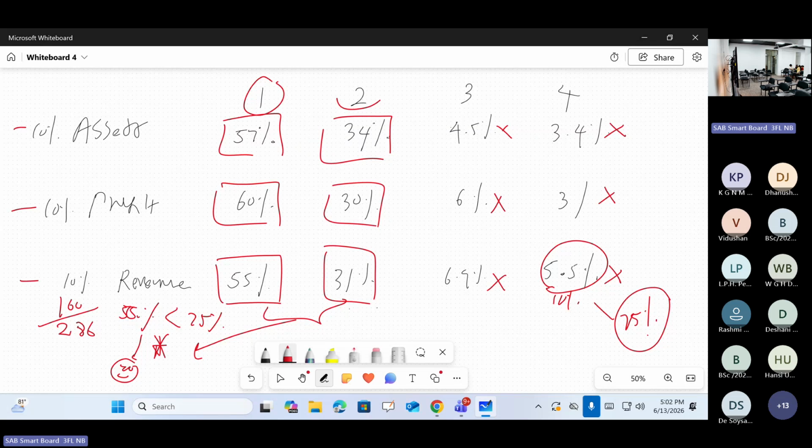External revenue should be 75% out of total revenue. Whatever the identified segments are, they should represent 75% external revenue out of total revenue.